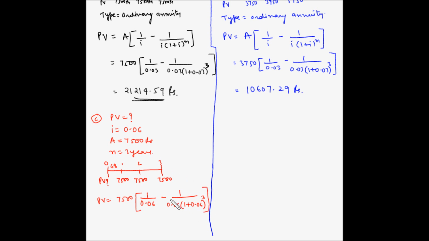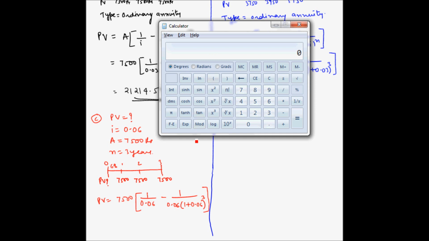Let me pull my calculator to calculate this. So let's first calculate this portion here. 1 plus 0.06 is 1.06 to the power 3.